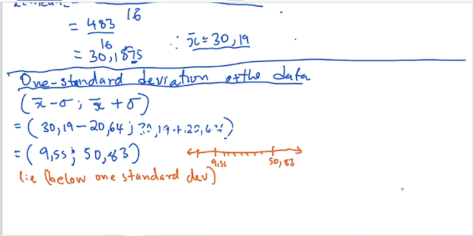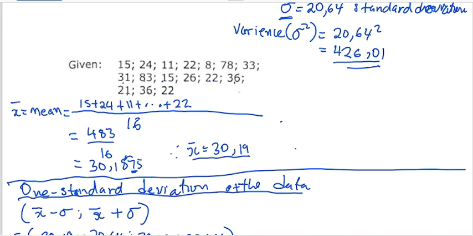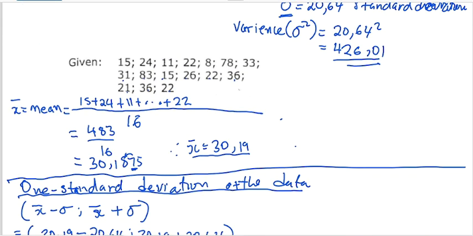So when they say below one standard deviation, the numbers must be less than 9,55. Checking the data, the only number below 9 is this 8. So it's only counting 1.